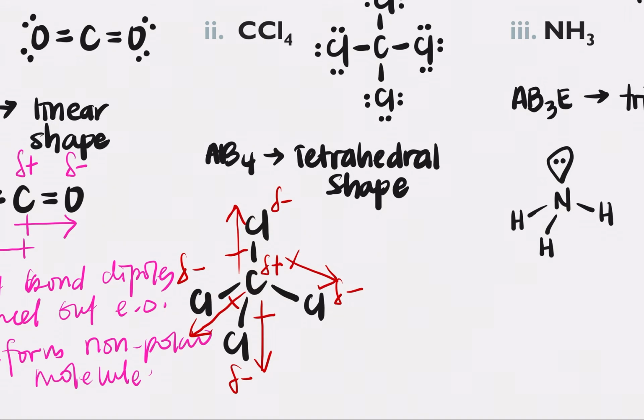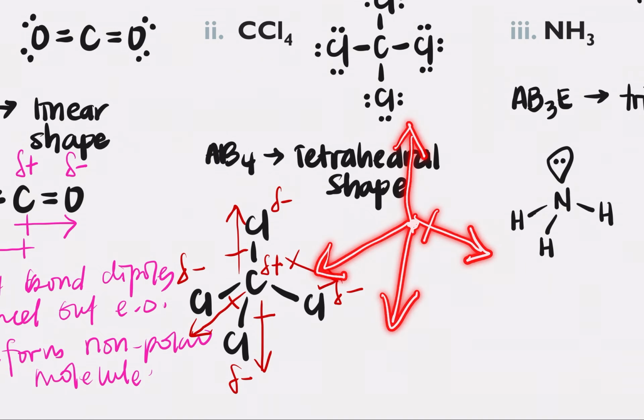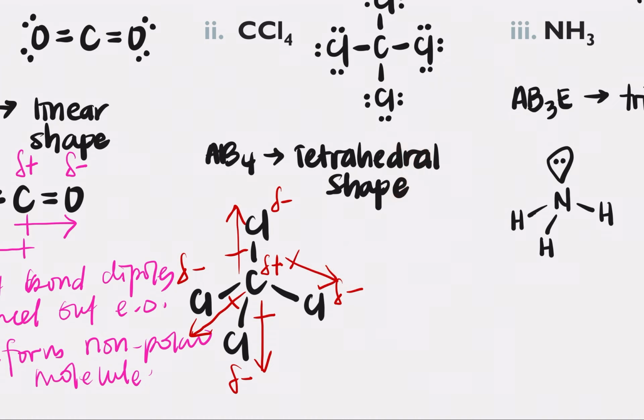Okay, and if you imagine, right, okay, your bond dipoles, okay, it is all pointing out, okay, from one center. Okay, so that means your resultant bond dipole will cancel out each other.